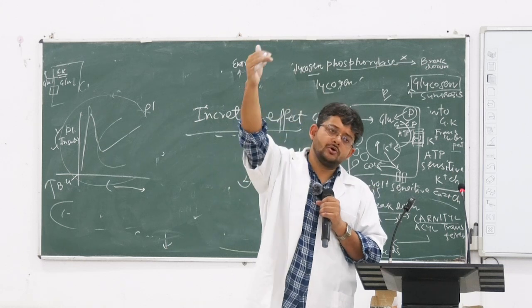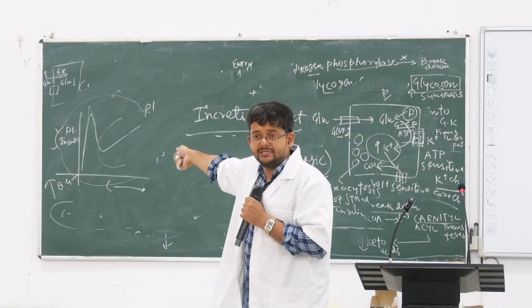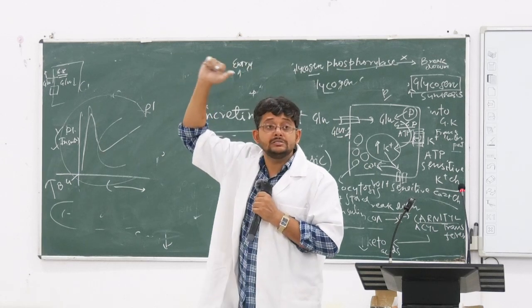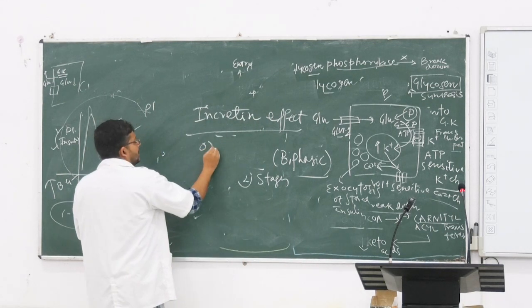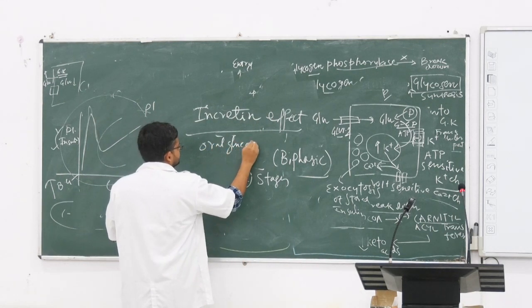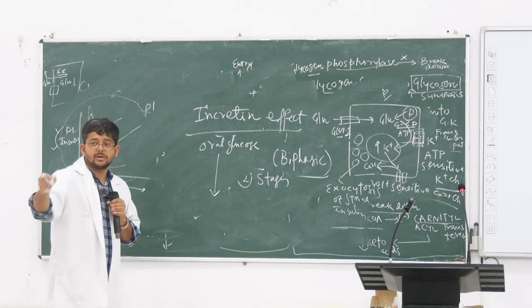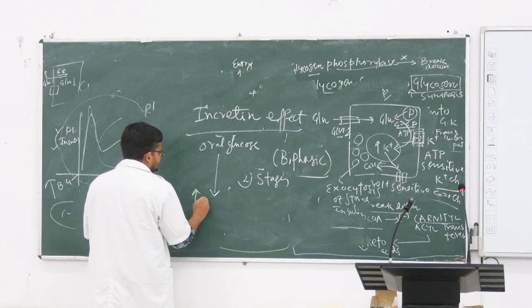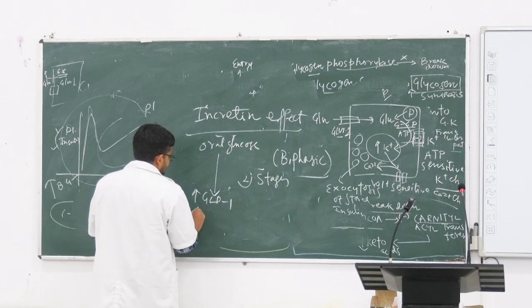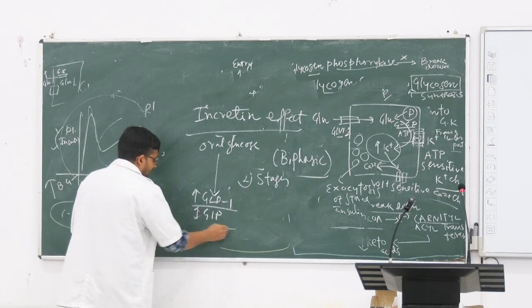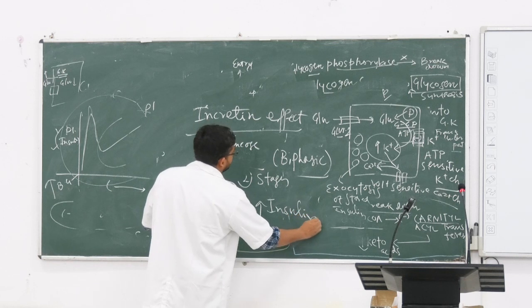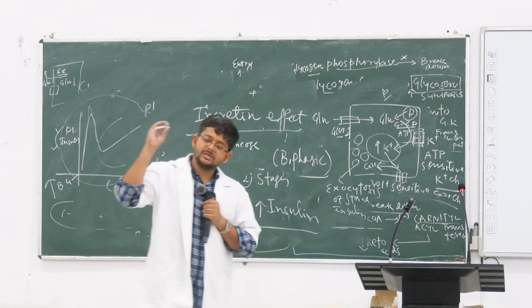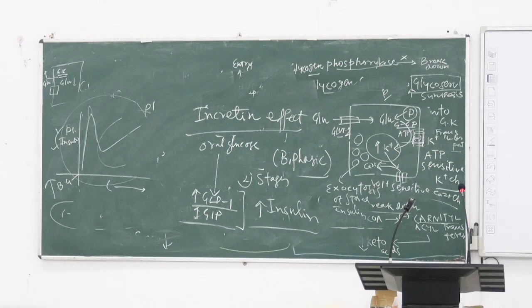Once the blood glucose level goes up, only then this biphasic process starts. The incretin effect is irrespective of blood glucose, so it is independent of blood glucose level. It is just that oral glucose can increase these hormones, which will increase insulin secretion.